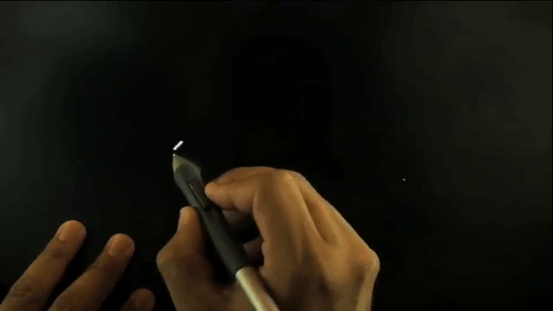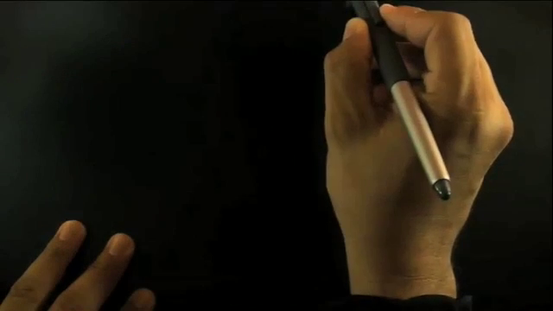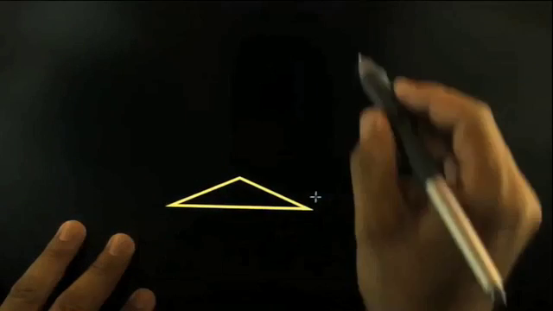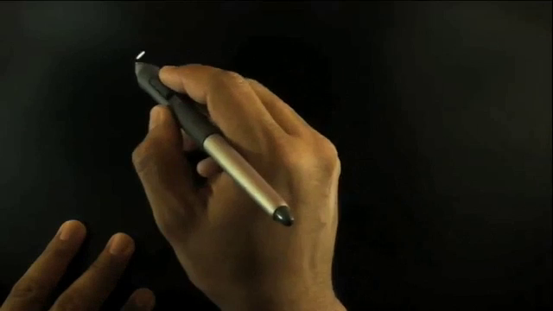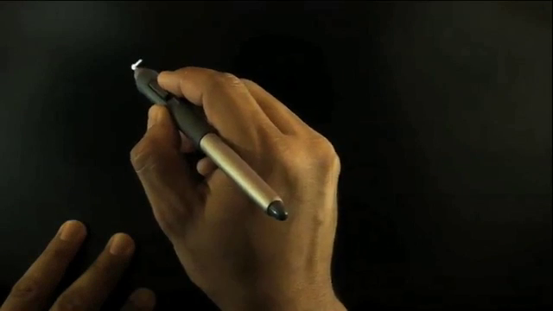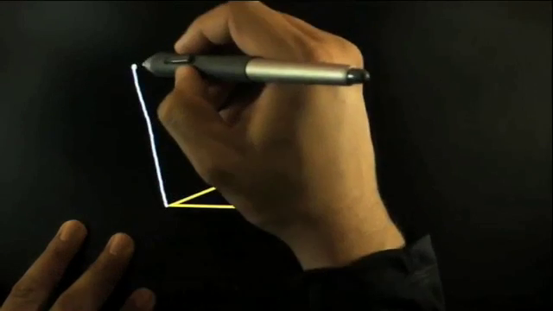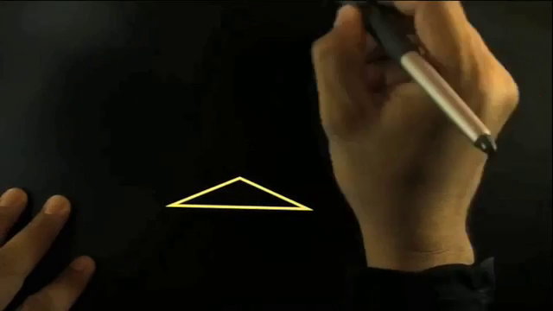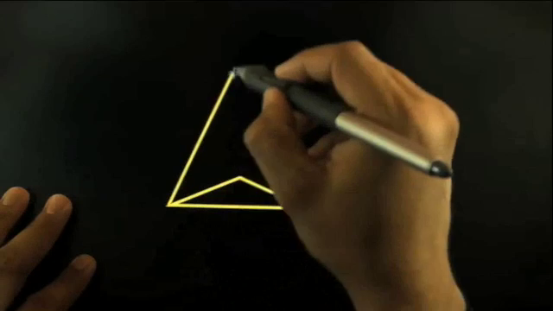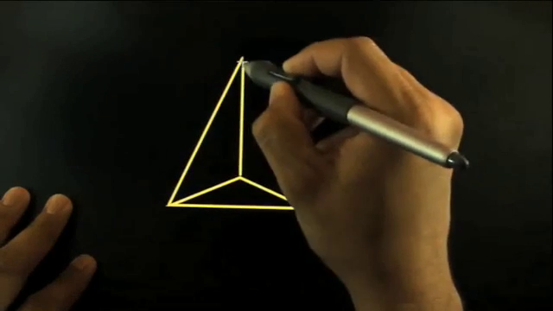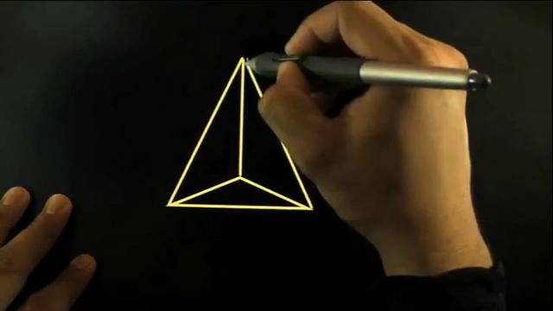For example, what would happen if you were to start off with, I don't know, say a triangle on the bottom. So you've got a triangle on the bottom. There it is. And suppose that you've got something that ends up on a single point.